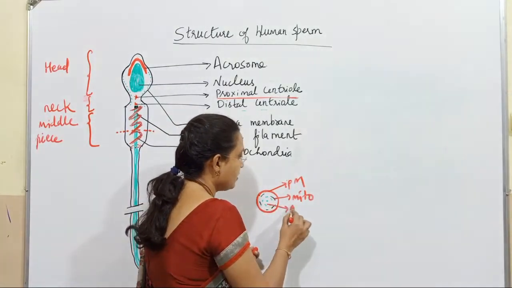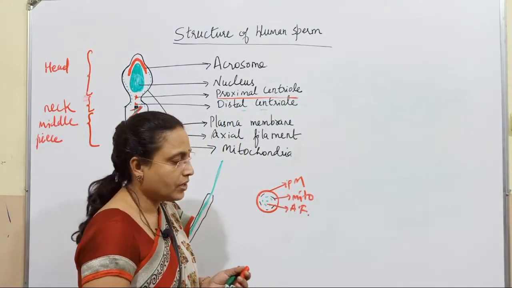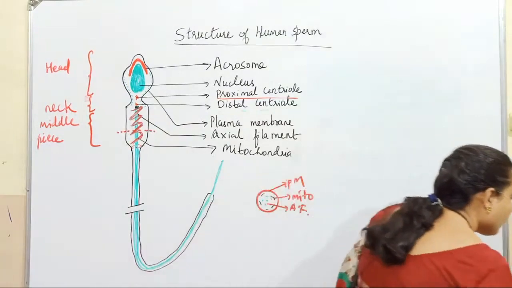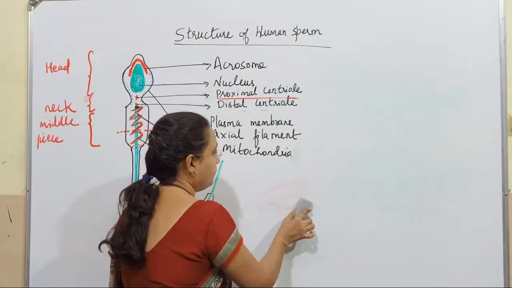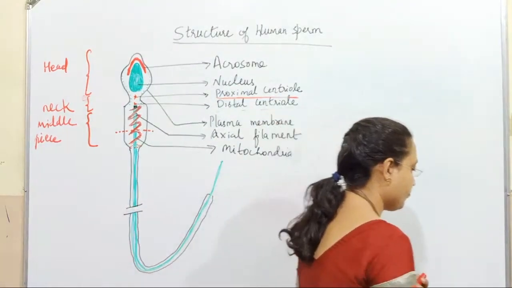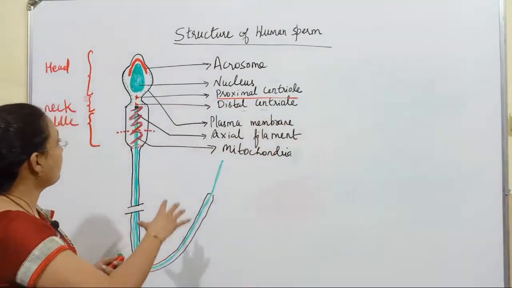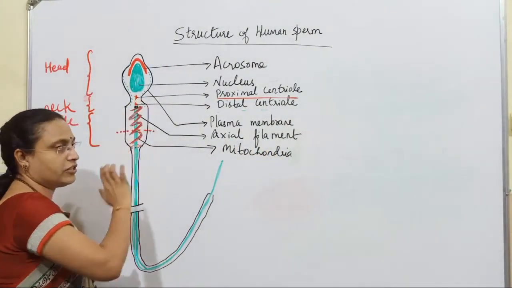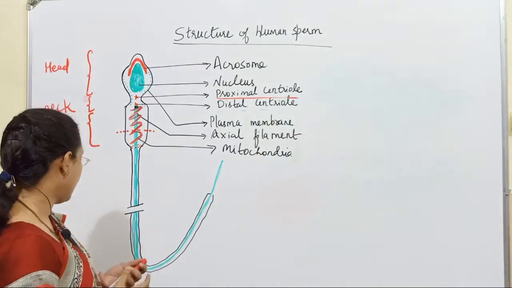So this one is the axial filament. So this completes the explanation for the middle piece.